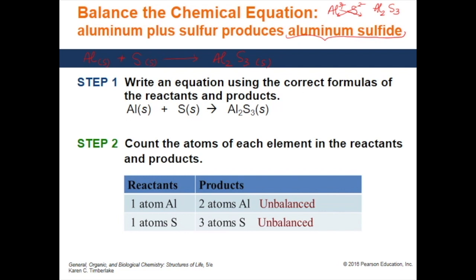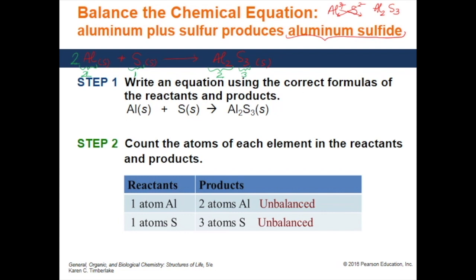So let's start balancing it. How many aluminum do we see here? I see 1. How many aluminum on the product side? I see 2, which means I will have to use a coefficient of 2 here to make the number of atoms 2 on this side and 2 on the other side. So aluminum is balanced. Next we balance sulfur. How many sulfur atoms on the reactant side? 1. How many sulfur on the product side? 3.